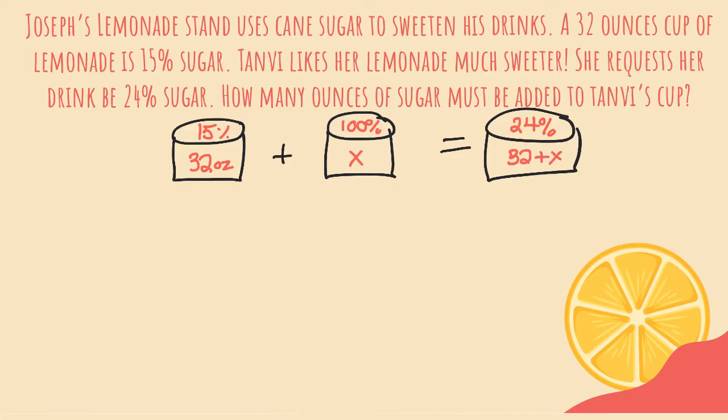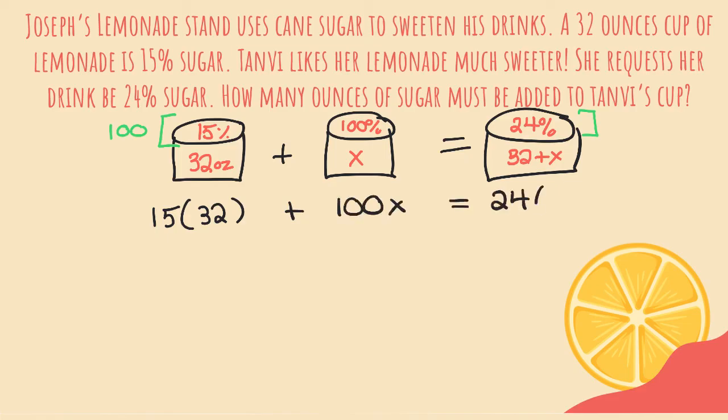Once again, I have the equation fall right out of this first bucket. I'm going to start by clearing the decimals, and I end up with 15 times 32 plus 100 times x equals 24 times 32 plus x.